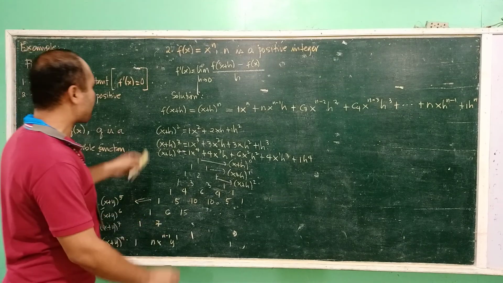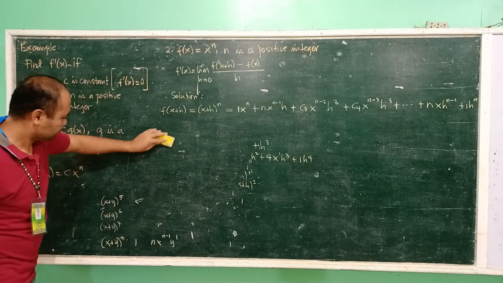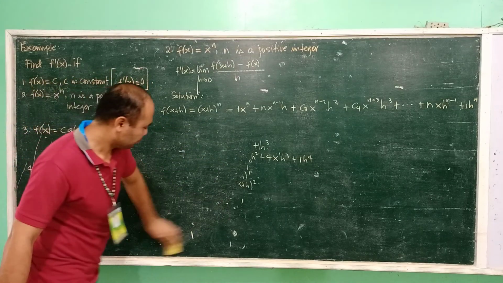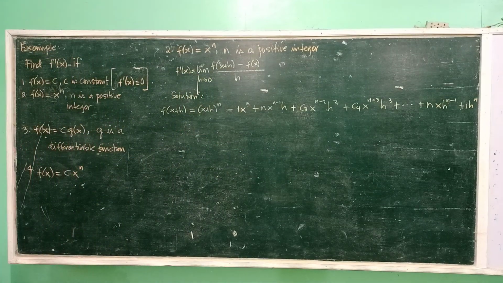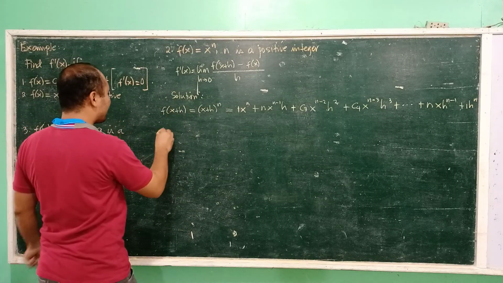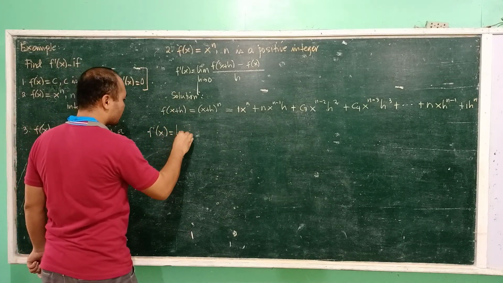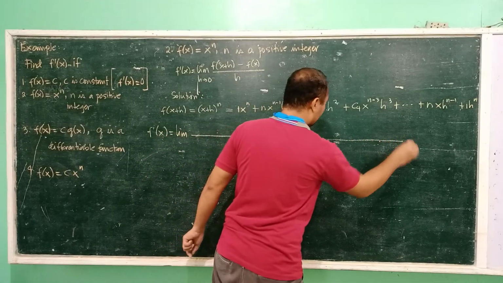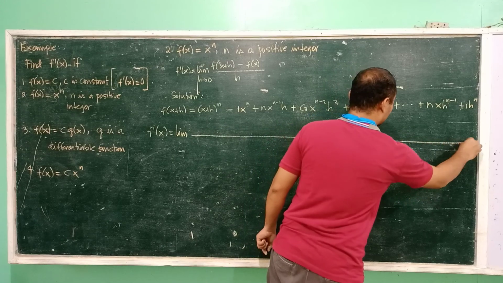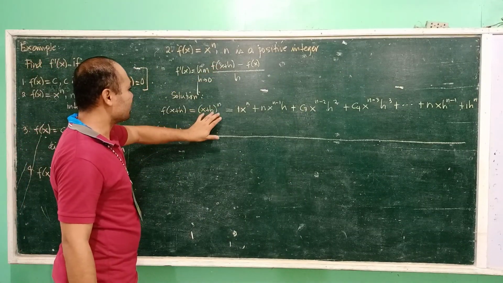Now, let me erase this part. So, I'm applying now the formula. f prime of x is equal to the limit of, I'm sorry, long really, f of x plus h, this is the value.